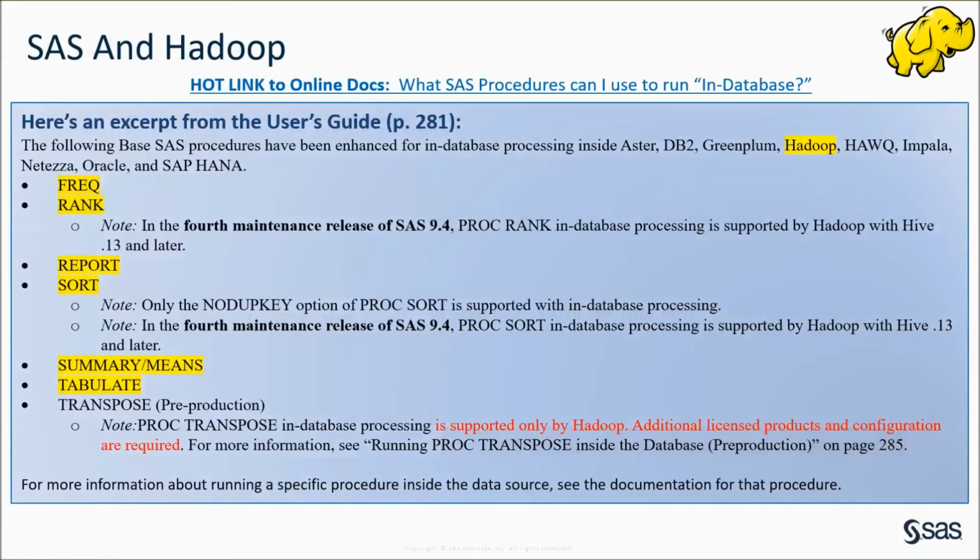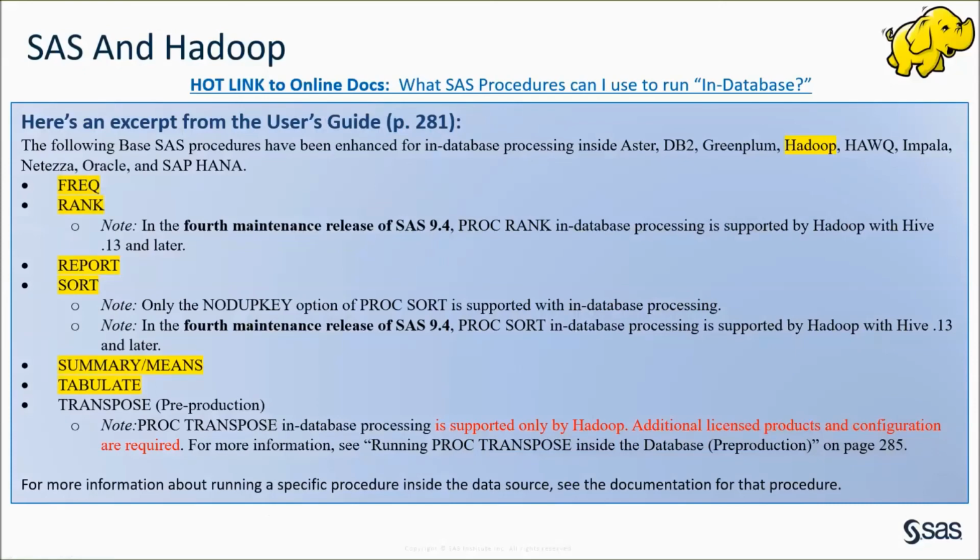The others do, and there are some exceptions to the statistics that can be returned. So you'll need to look at the actual documentation for that procedure to find out which statistics can be run in database. For example, you cannot do a percentile because of the distributed nature of the data.